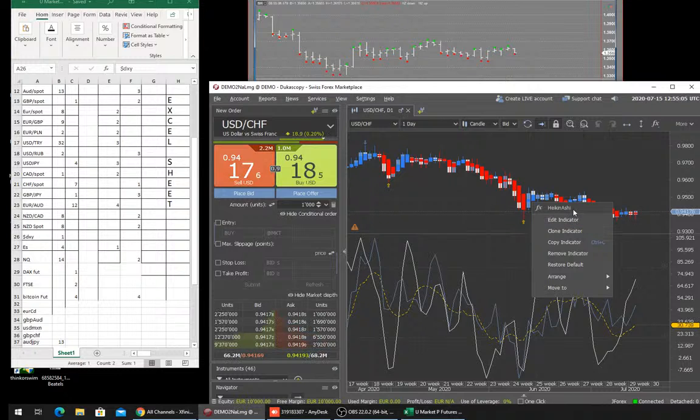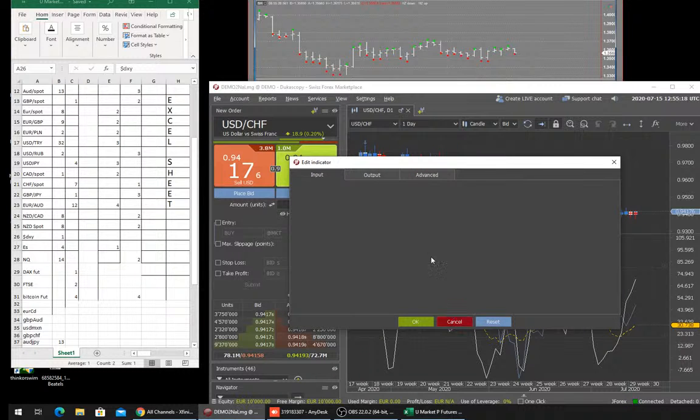Let's see. Clone indicator, copy indicator, move indicator, restore, arrange, move, edit indicator. Let's see if we can do that.